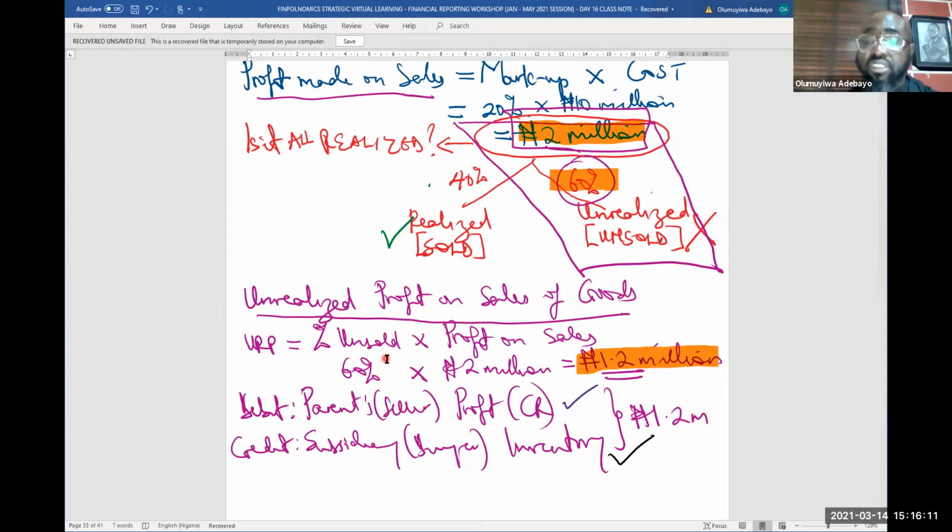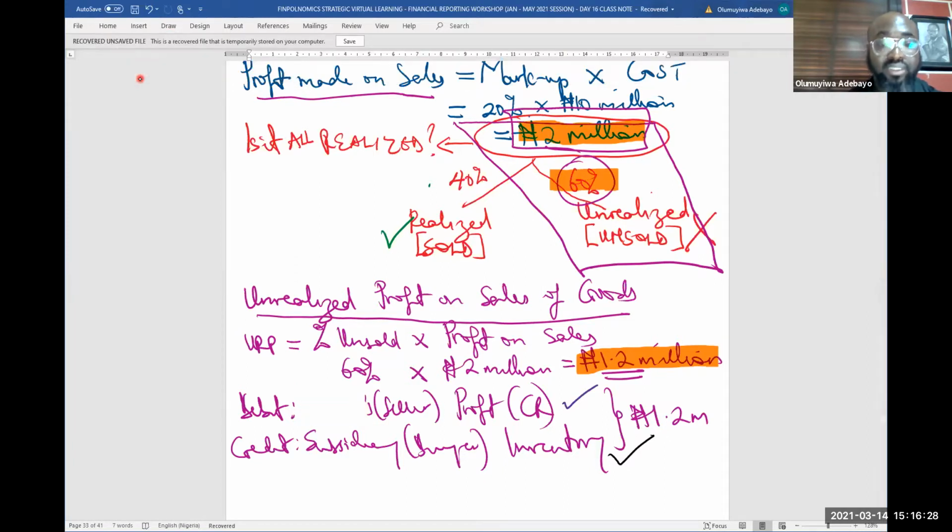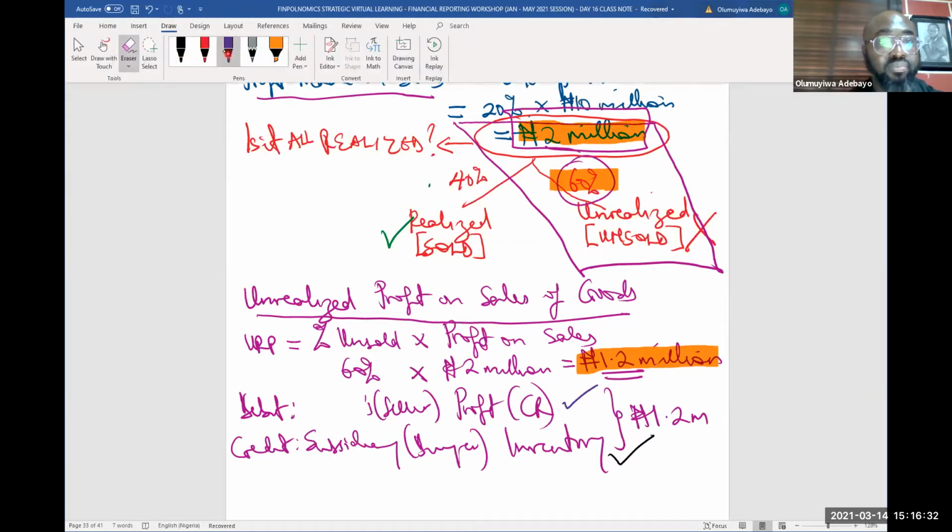And if the profit is reversed from the books of the seller, it will be the subsidiary, not the parent, that we are going to adjust the profit against.